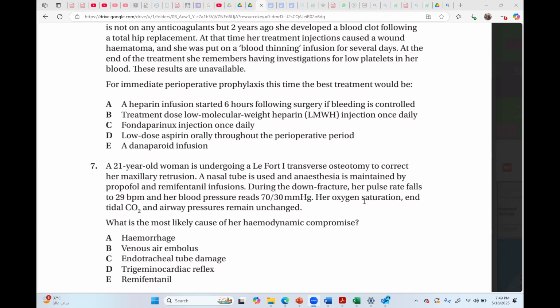So you have to take the history. And if the patient has a blocked nose, that's another thing. When you want to do it, you make sure that you put some decongestant, and also lubrication. And if it is not going in easily, don't push too hard.